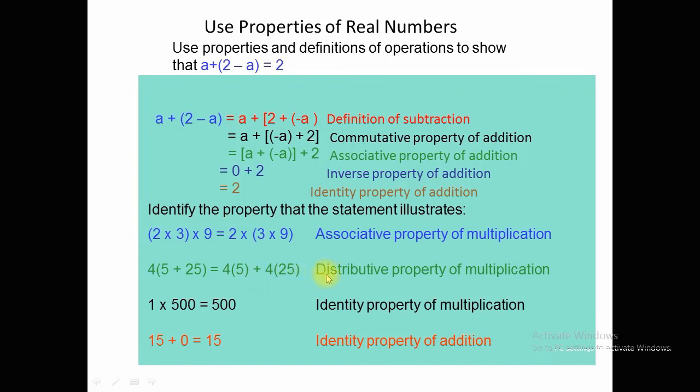This is the distributive property of multiplication over addition. And 1 times 500 is equal to 500. This is the identity property of multiplication. And 15 plus 0 is equal to 15. This is the identity property of addition.